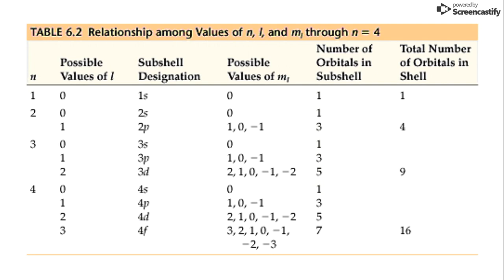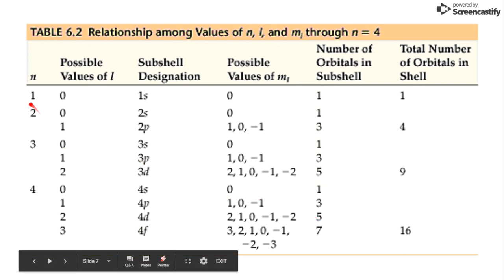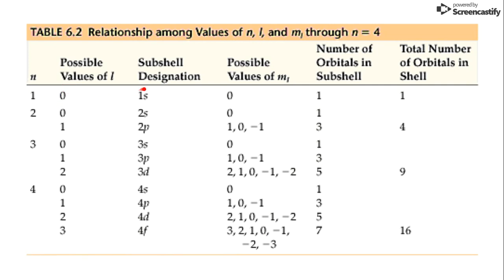If we look at this, it gives us this relationship. In the first energy level, the only thing we can have is l = 0, so we can only have an s orbital. The possible value for m sub l is right here. The total orbitals in a subshell is 1, therefore only 2 electrons can be in the first energy level because, again, any orbital can only have 2 electrons.